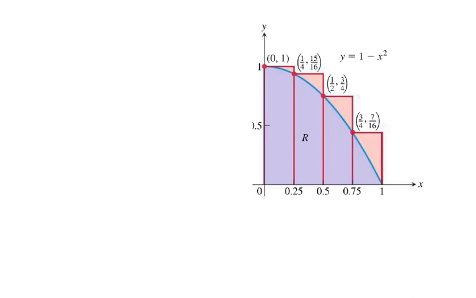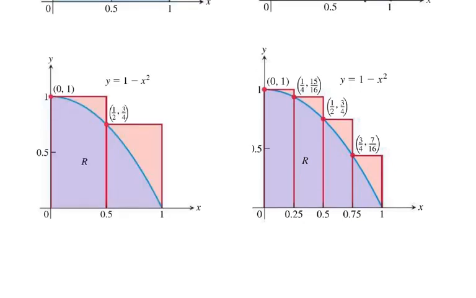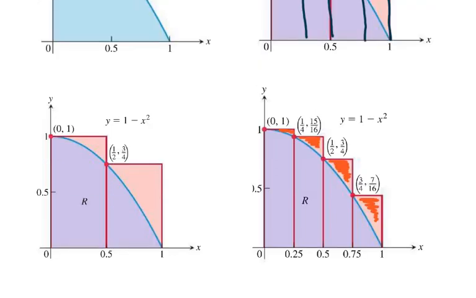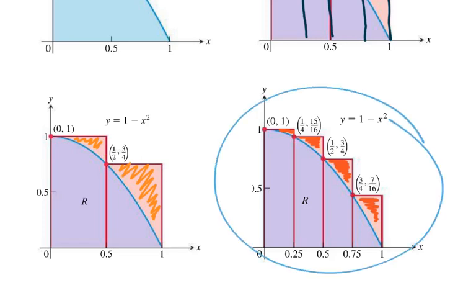Comparing these 4 rectangles to the 2 rectangles, when I pull the 2 back in here, this extra overestimate for our area is less space than when we had 2 rectangles. That's much more extra pink space, all right? So what we are supposing now is that the more rectangles, the better the estimate.